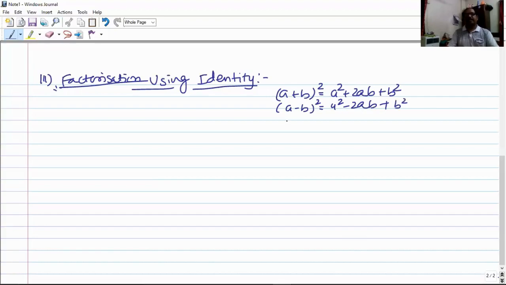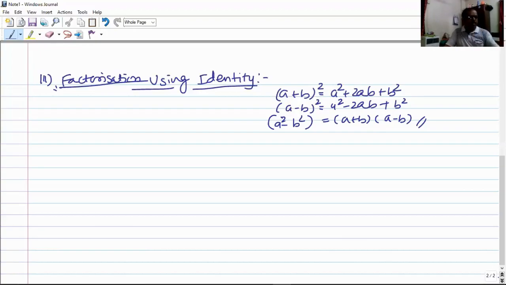And the third identity is a square minus b square is equal to a plus b into a minus b. So these are the three identities we have seen in this topic. We are going to factorize the given algebraic expressions using these three identities.